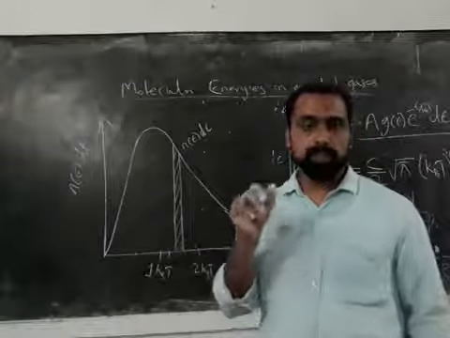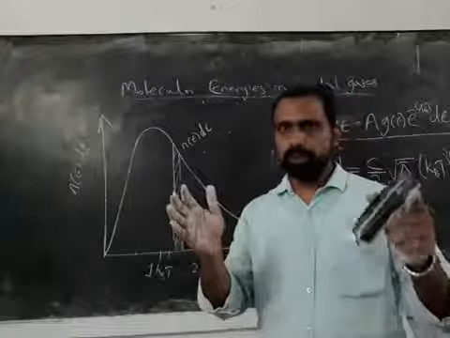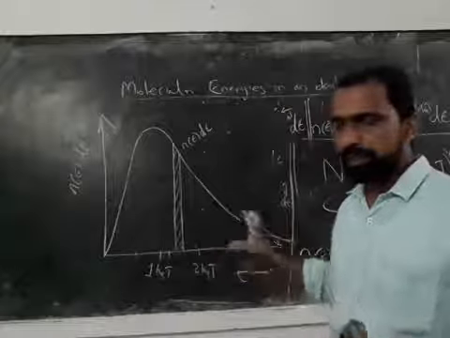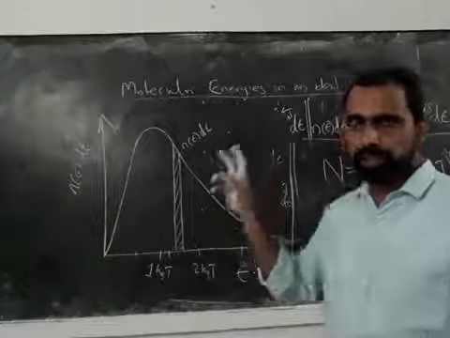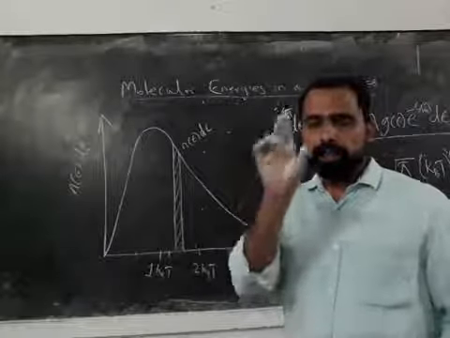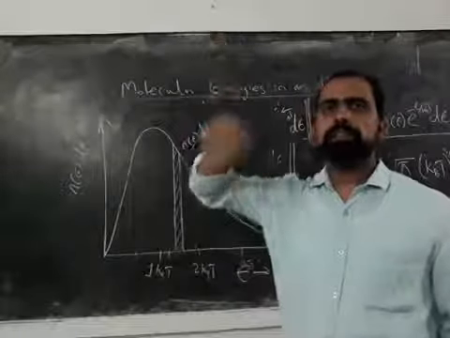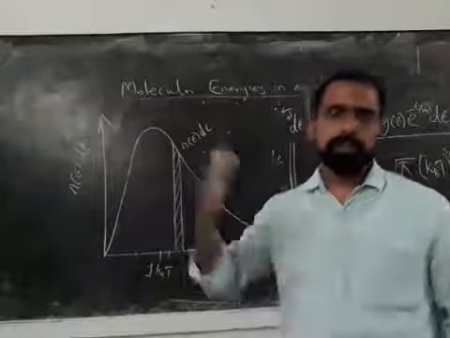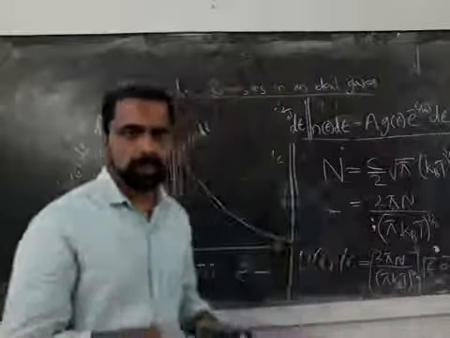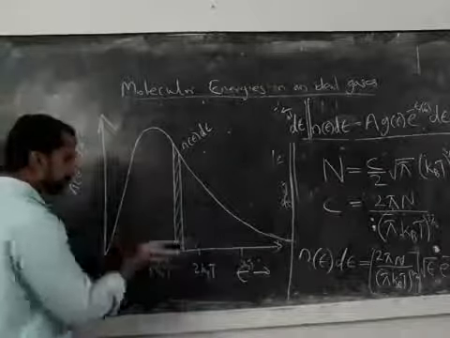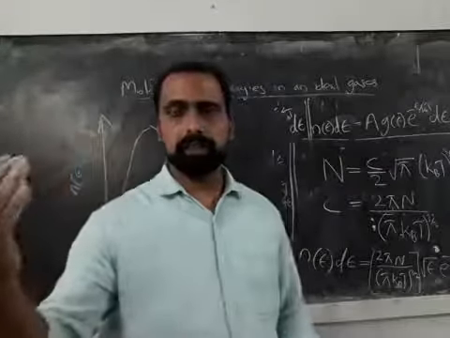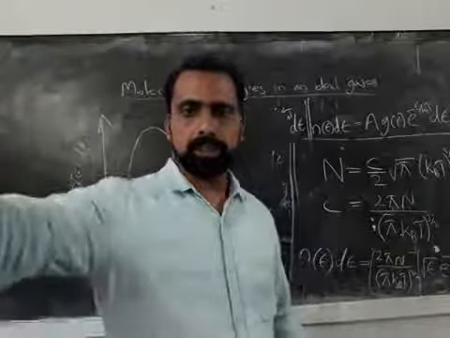So you consider the number of particles having energies between epsilon and epsilon plus d epsilon, multiply with the energy epsilon, and integrate from 0 to infinity. I think it is better to make another video for that, otherwise it will be bulky.